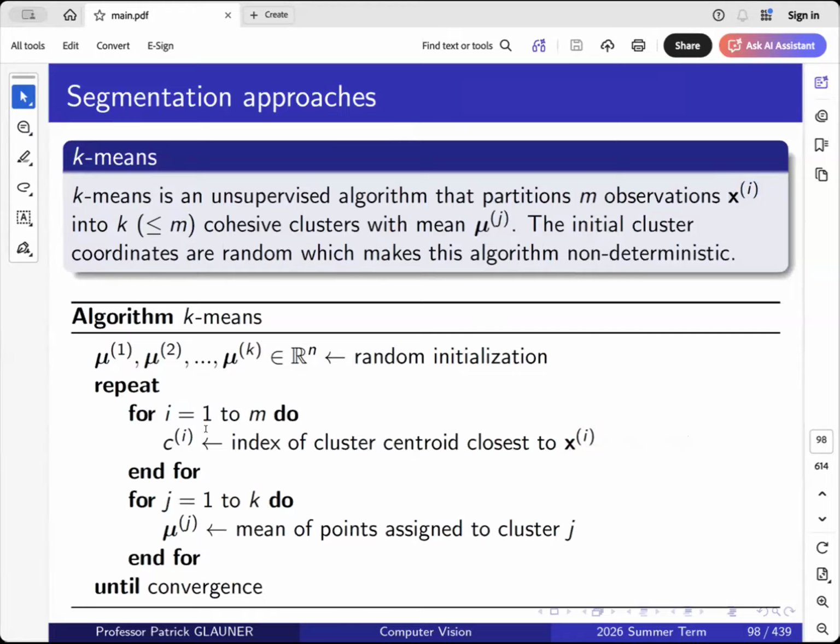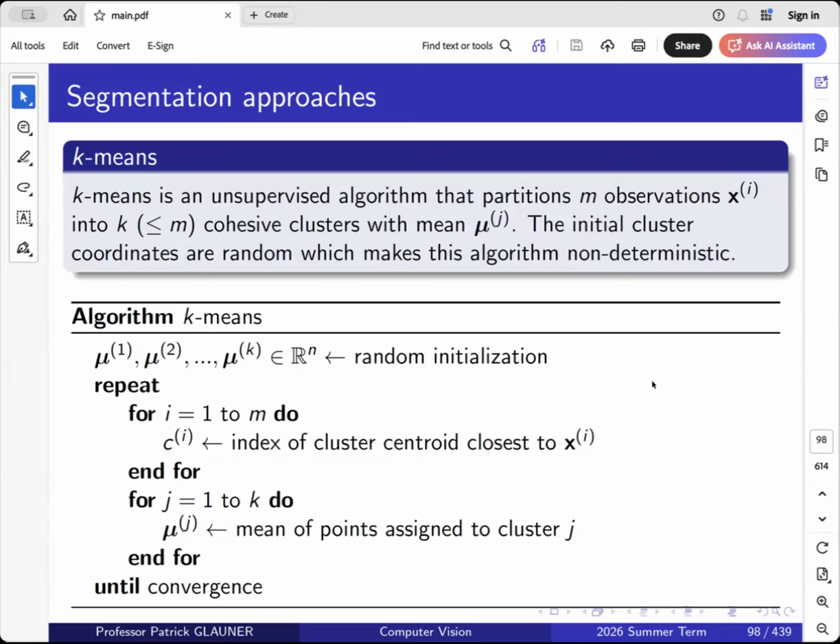I go through all the examples and I simply check: I have these random centroids at the moment. Which cluster center is the closest to my current observation? And I assign this, say, to cluster 5. Then the next one to cluster 7, whatever. I just check which one is the nearest one.